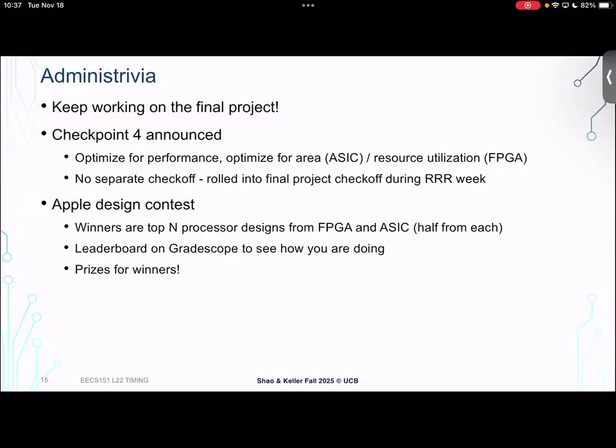But basically, you upload the synthesis logs, and then it will parse them and figure out how you're doing. And just to be clear, we will go and verify the top N designs, to check that you haven't just gone in and edited the logs and uploaded that. So please don't do that. It's intended to give you a snapshot to see how you're doing in the design contest.